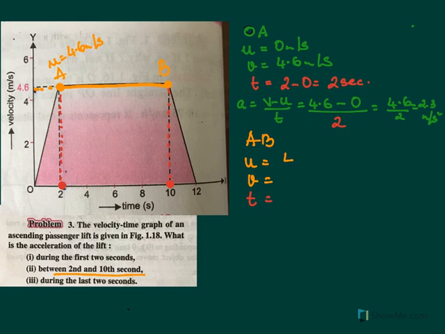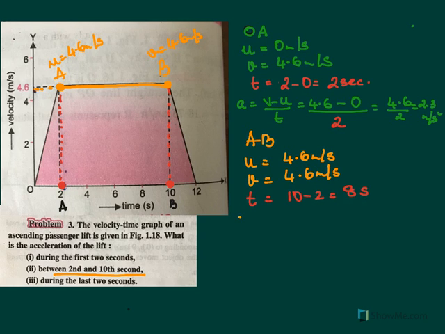The final velocity is also 4.6 meter per second. The velocity hasn't changed. The time for B was this and the time for A was 2. So the time will be 10 minus 2, and that is 8 seconds.